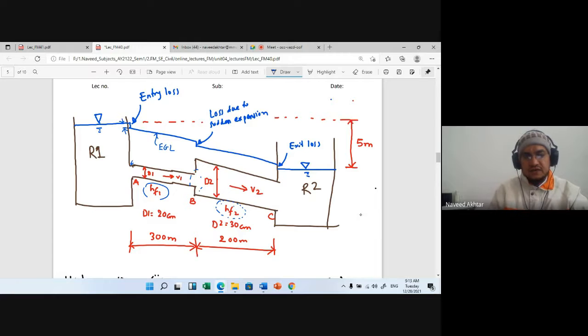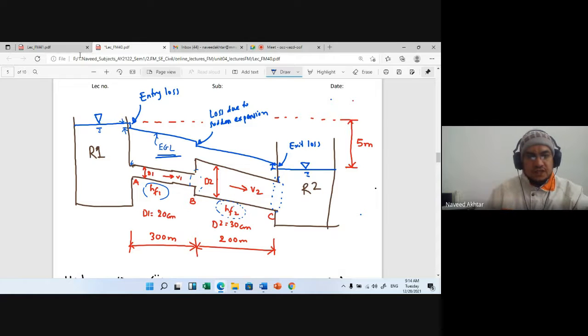And again, when the water comes to reservoir 2 here, there is again an exit loss. And this is nothing but your EGL, that is energy gradient line. You have to draw it first, and then we will solve the example.